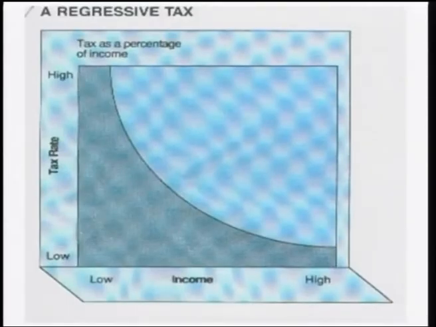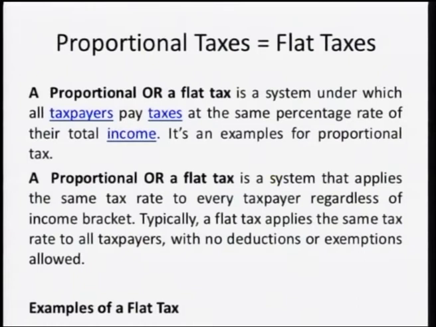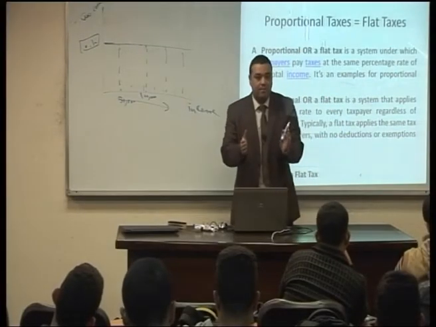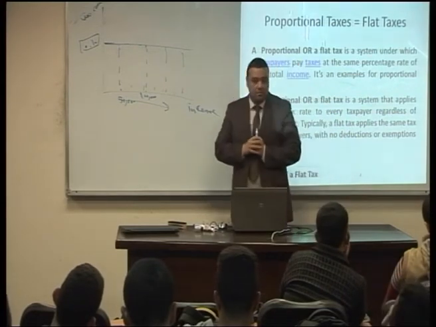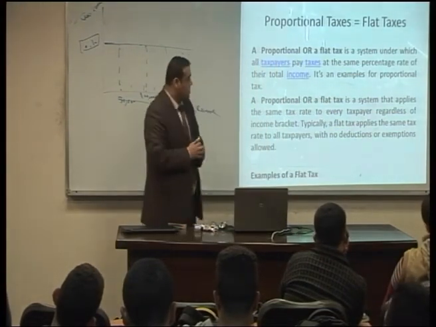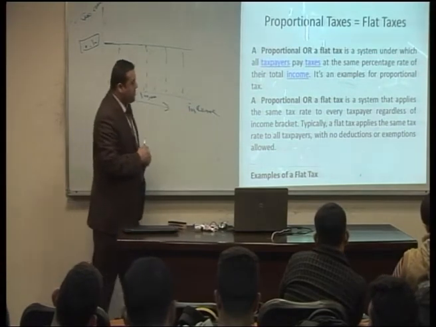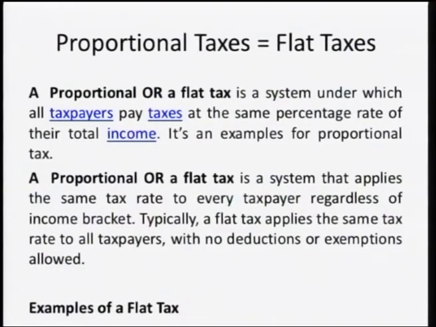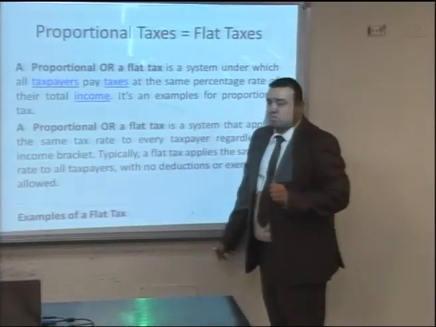Here's the regressive taxes. Let's go to the proportional tax or flat tax system. As we mentioned, there is no relationship between the size of income and the percentage of tax, or the tax rate. So, the proportional tax or the flat tax is a system under which all taxpayers pay taxes at the same percentage rate of their total income.